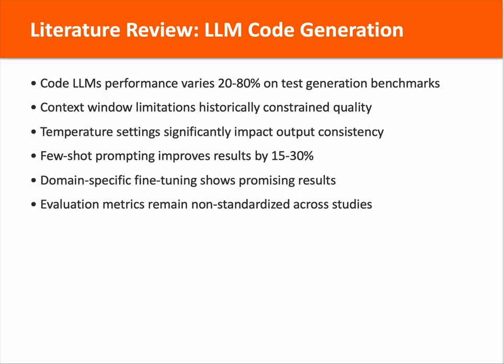That improves the result by 15 to 30%. But here is what caught our attention. There is no standardized evaluation framework yet. Different papers use different metrics, making it hard to compare approaches. Our work addresses this with a comprehensive four metric framework that I'll explain shortly.